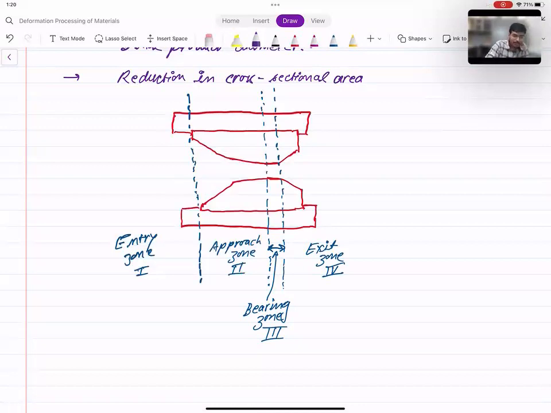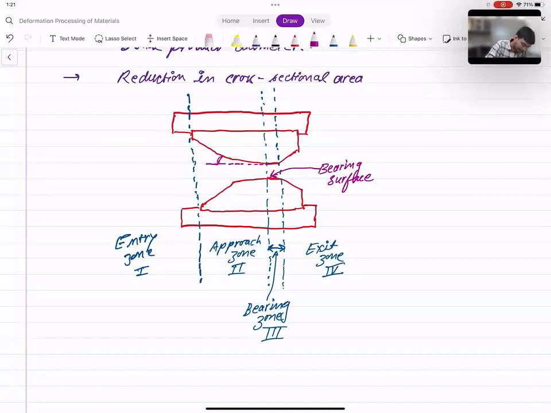Firstly, let me write that this is the bearing surface. And this angle here is alpha.